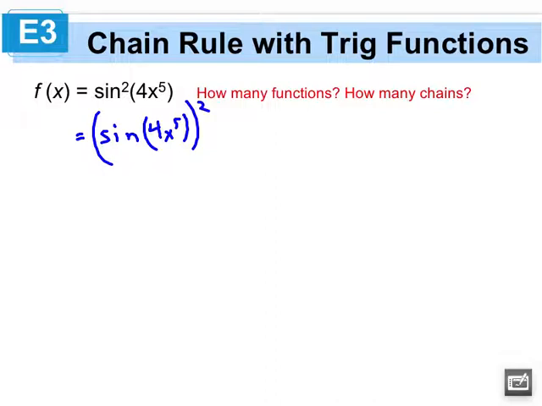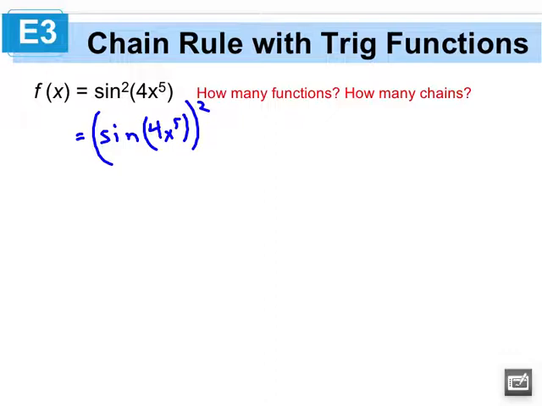Does that help if I rewrite it? So it's sine times 4x to the 5th and sine times 4x to the 5th. Correct. What function is that you just described? The squaring function. Yeah. So 4x to the 5th, the sine, and then the square function.